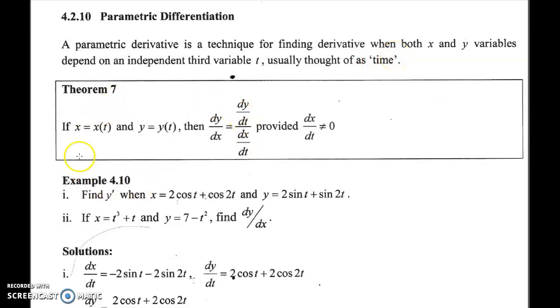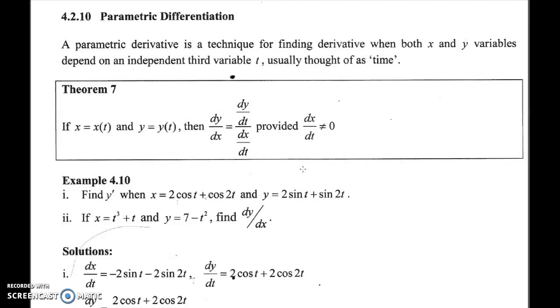Now this x and y function usually represents a point. We use the functions to locate where the point is on your graph. You have point x and point y. For example, if you look at this, they give you two functions for x and y. If you plug in any value of t, you will be able to locate the coordinate on a Cartesian coordinate graph.